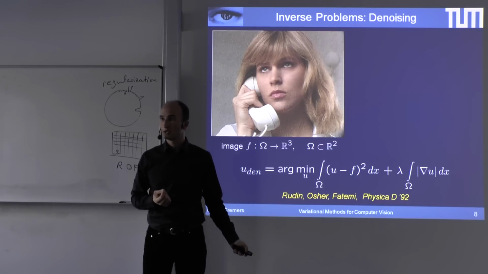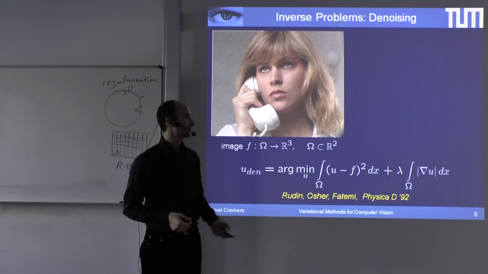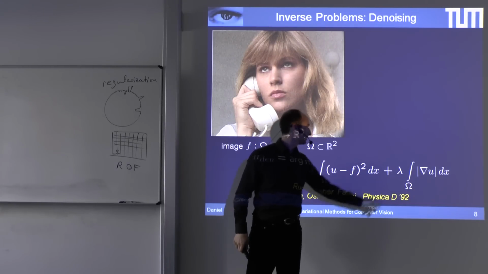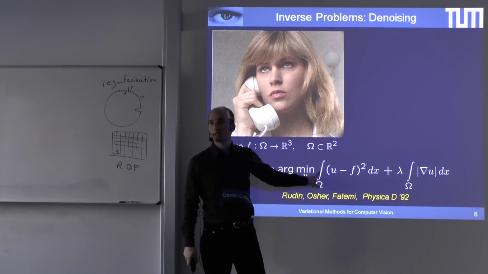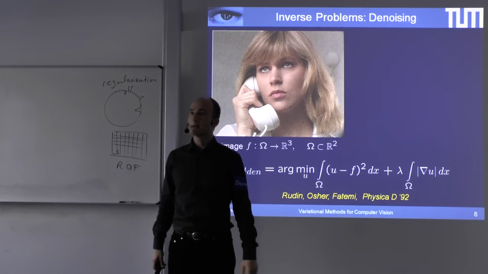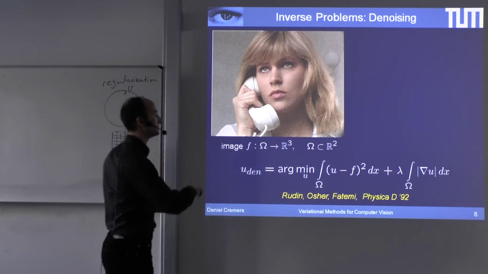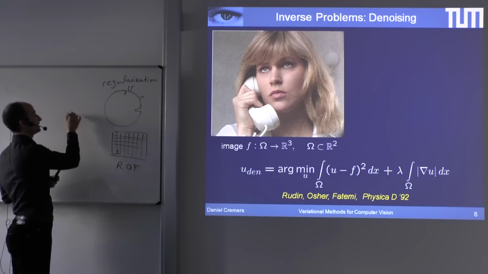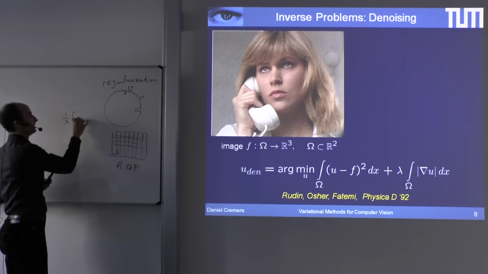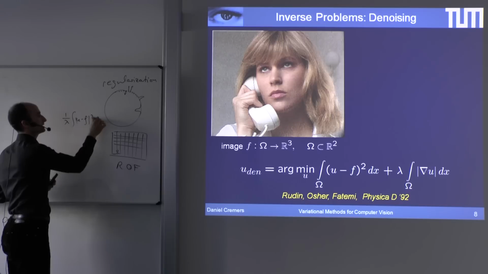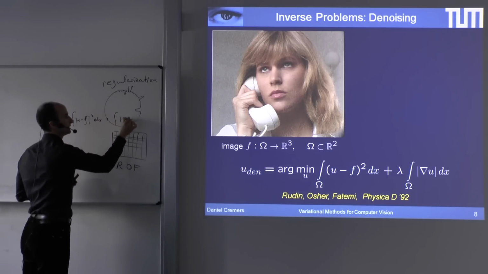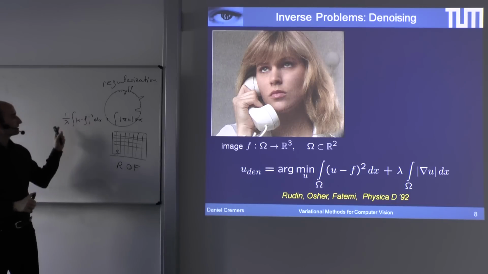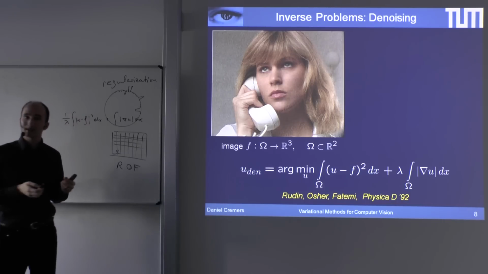What's important is we're minimizing this expression, and so sometimes you will find the weighting parameter here, but sometimes you'll find it in front of the data term instead. That really doesn't matter where you put it. In fact, if you divide the whole cost function by lambda, lambda is just a constant, then you would get 1 over lambda times the integral of (u minus f) squared dx plus the norm of the gradient of u. So then you have the lambda here, and constant factors don't change the optimization problem.